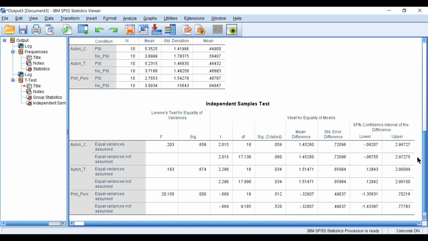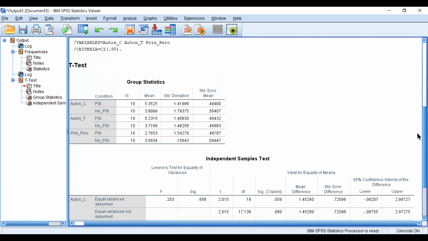You can recreate the standard error of the difference from the standard deviations and the sample size. I find it personally a good exercise to try to recreate these values from your own calculations.